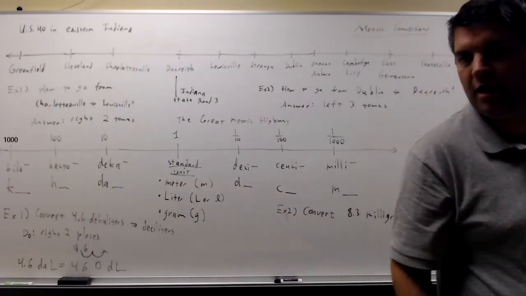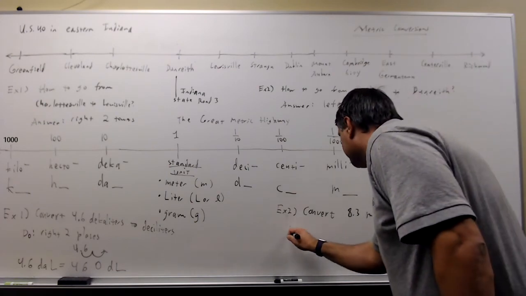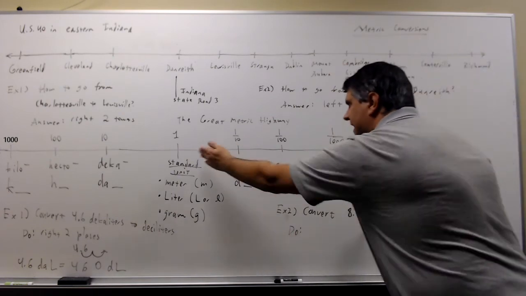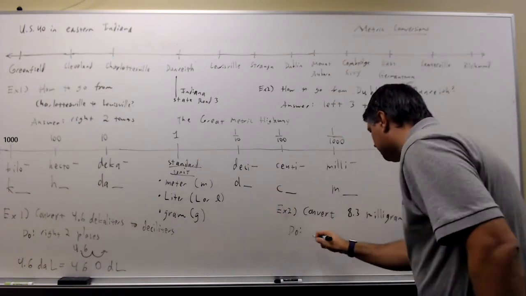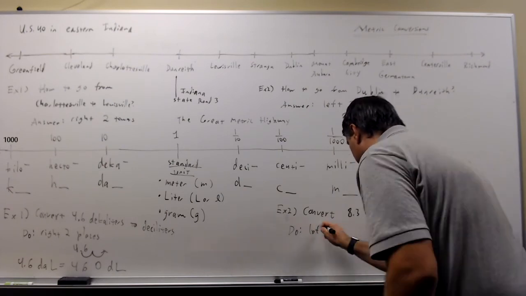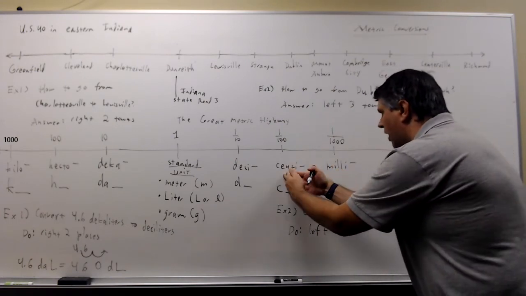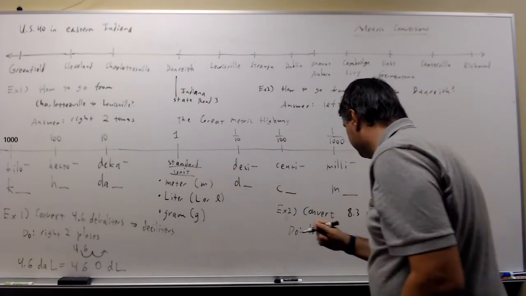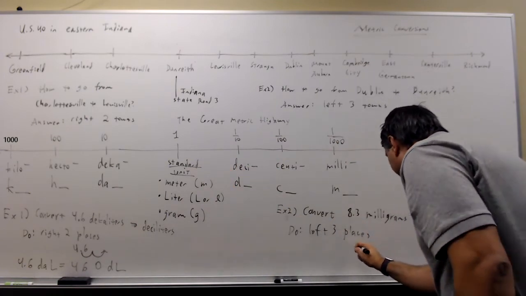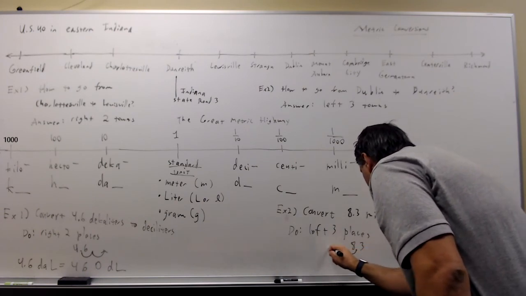Next, I have 8.3 milligrams to grams. So, to get from milli to the standard unit, it's left, starting in milli, 1, 2, 3 places. Left 3 places. So I have 8.3, 1, 2, 3.